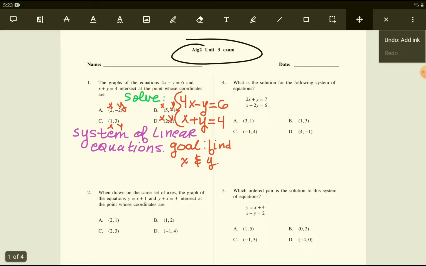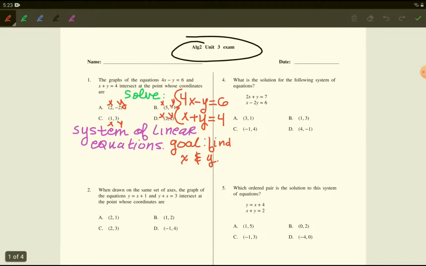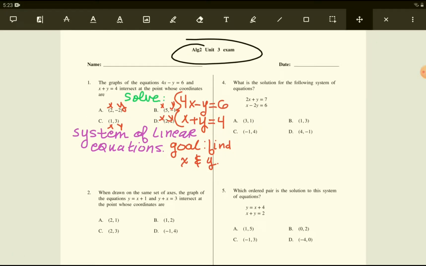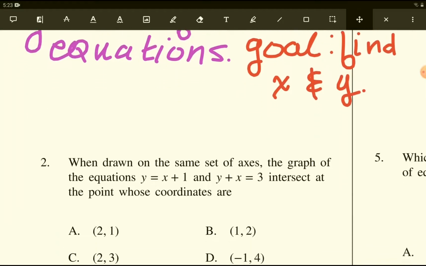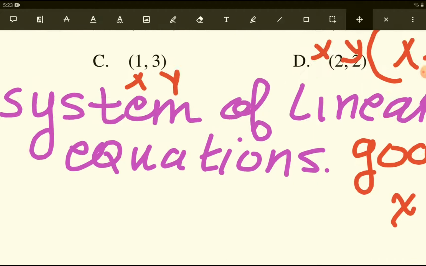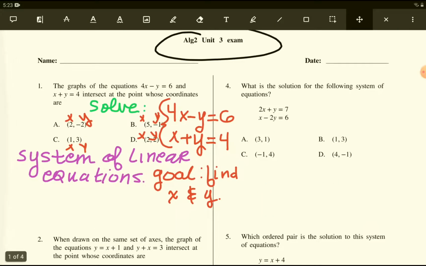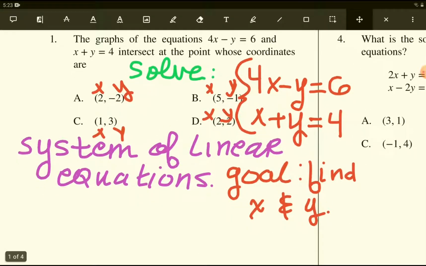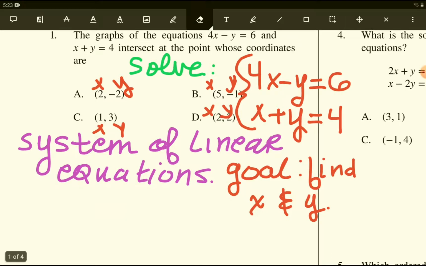Can I add a paper? I don't think I can add. Oh, whatever. Okay. I'm just going to erase it then and start over on a blank system of equations.